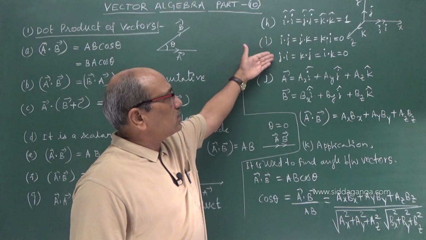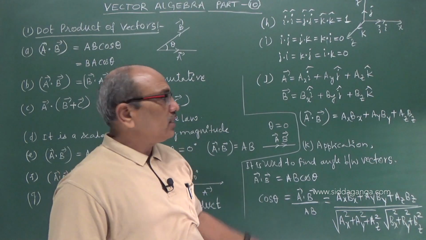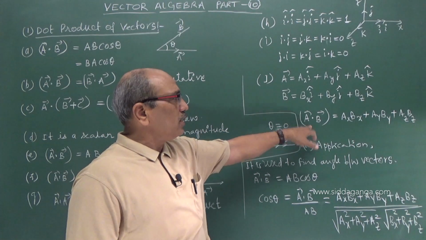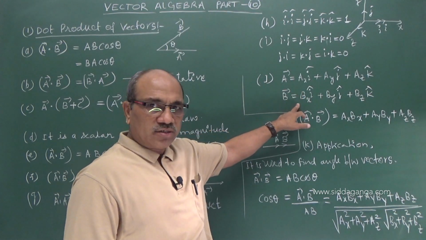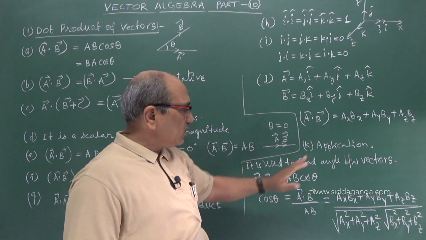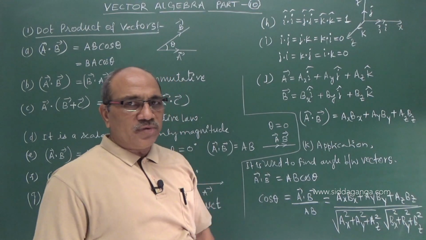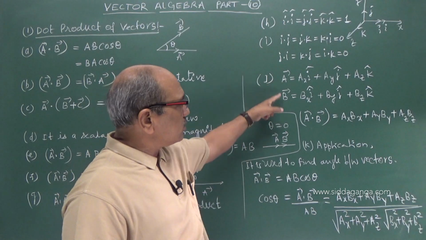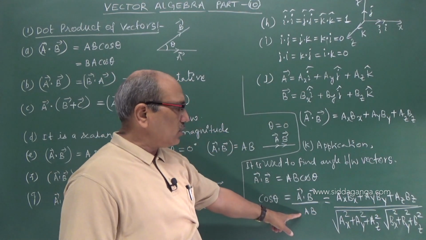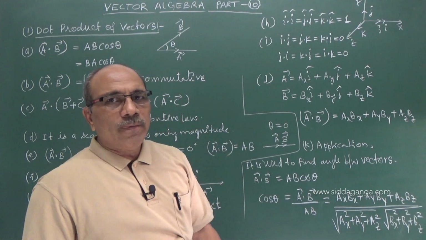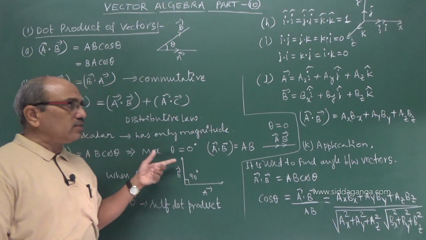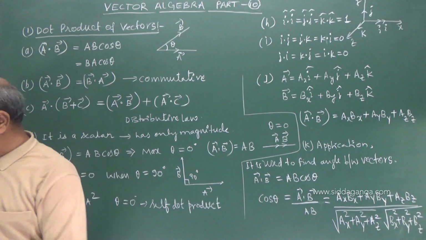I have taken one example of how A dot B can be obtained if the vectors are given in component form. One of the best applications of this is finding the angle between vectors: when they give such vectors, using this relation you can obtain the angle between the two vectors. Fine, let us see the others.